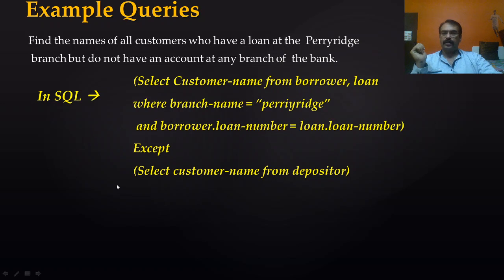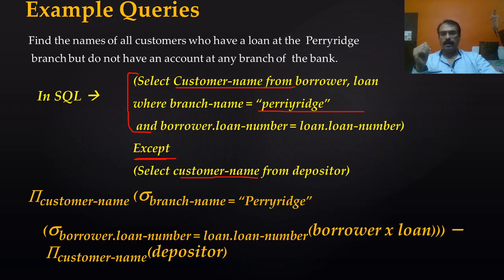We can write it in this way. Find all the customers who have a loan from Perrich branch and print only those customer names who do not appear in this list with the help of except. In relational algebra we can make use of minus.